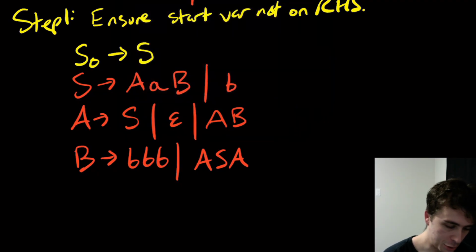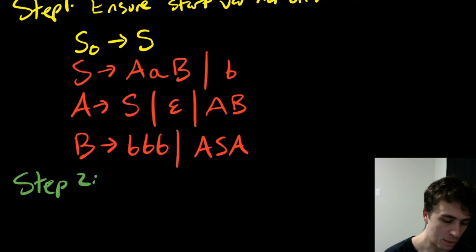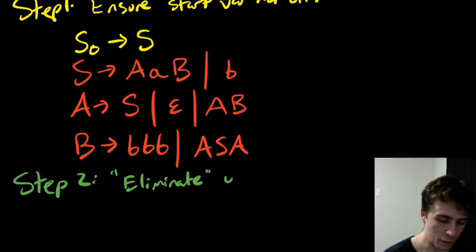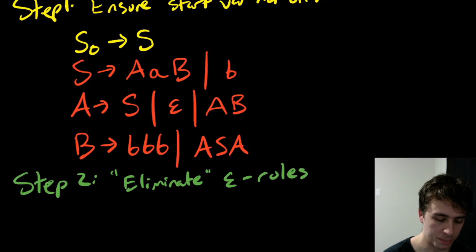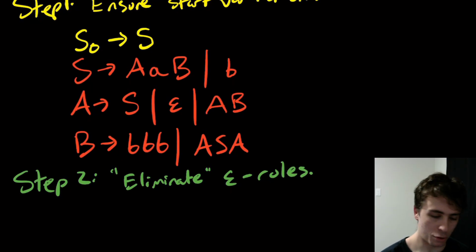All right, so let's do step 2. And that was to eliminate unit rules. And remember that, not unit rules, sorry, I have it backwards, it is eliminate epsilon rules. Those are the ones where a variable that is not the start variable goes to empty.